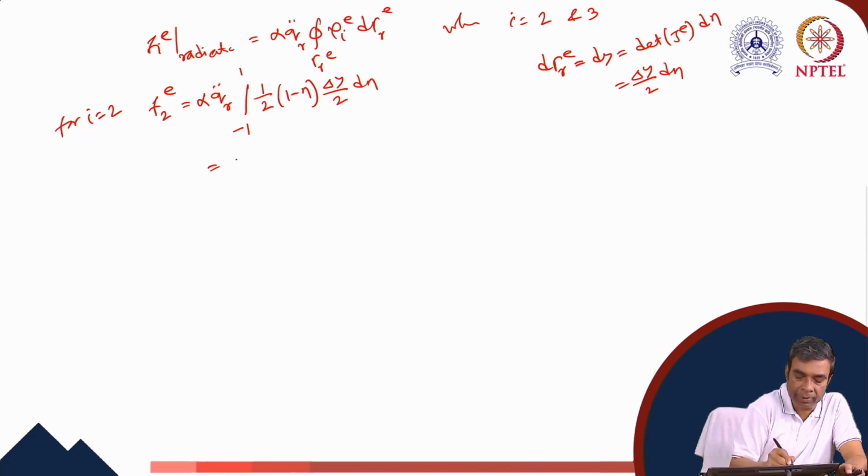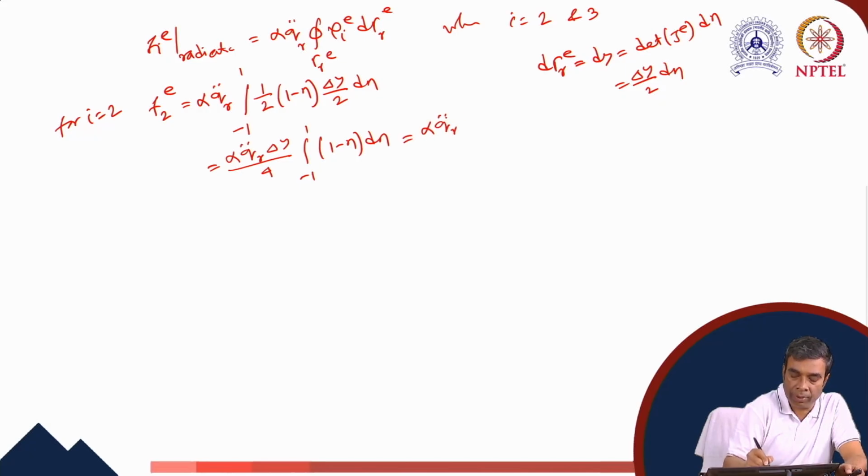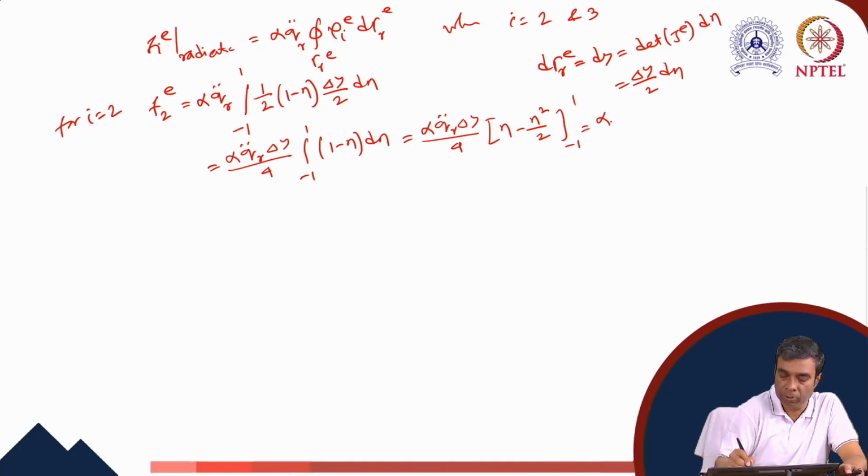This gives us alpha q_r double dot delta y by 4 integral from minus 1 to 1 of 1 minus eta d eta, equals alpha q_r delta y by 4 times eta minus eta square by 2 varying from minus 1 to 1, equals alpha q_r double dot delta y by 4.